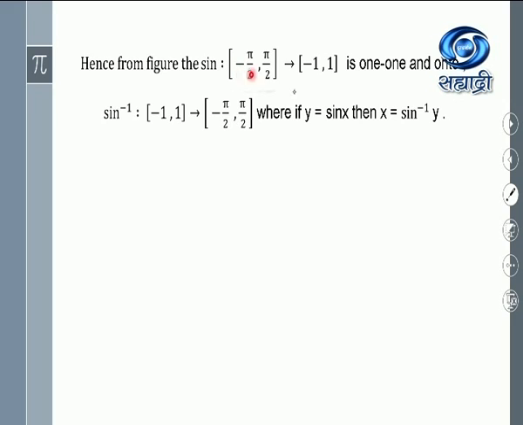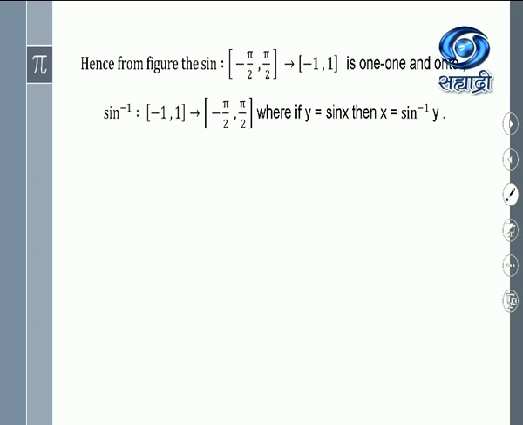Remember, by putting the restriction on the domain, we got the function as one-one, and it is already onto. Therefore, the inverse of sine exists, and that is denoted by the symbol sine inverse, and in the inverse, the domain and the range interchange their places. Therefore, the range becomes the domain, and the domain of the sine function becomes the range of sine inverse.